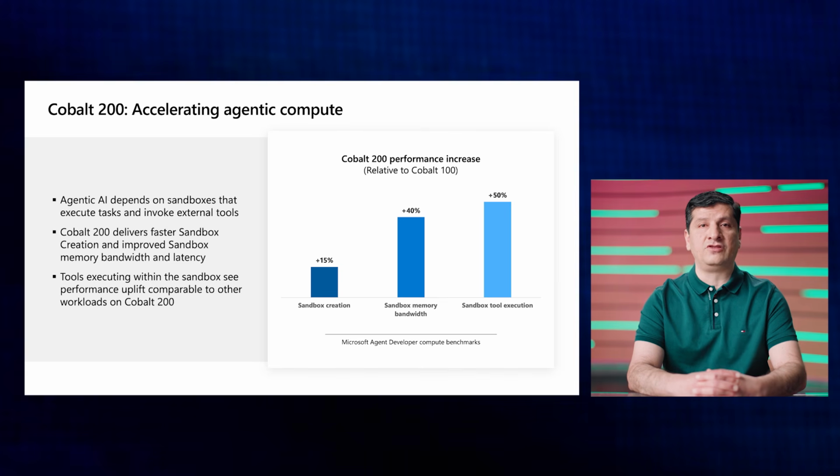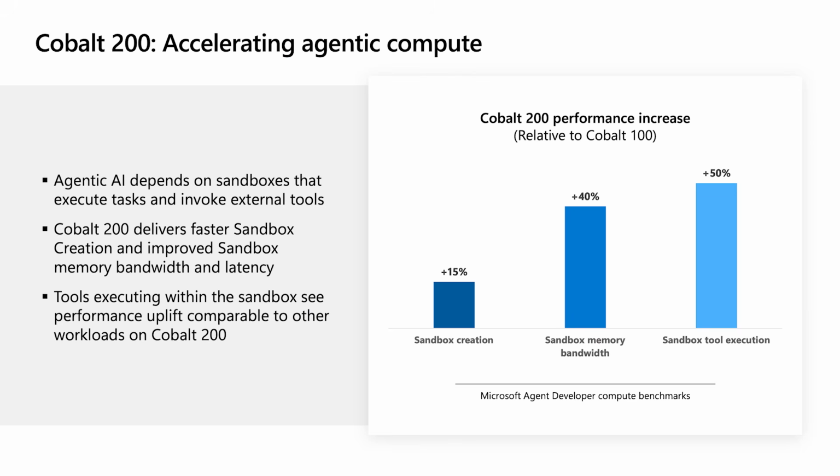Second, the time from requesting an agent sandbox to doing useful work is meaningfully faster on Cobalt 200, consistent with the per core performance story I showed earlier. Third, because Cobalt 200 delivers more useful work per core, you can pack more agent sandboxes onto the same VM and more agents onto the same fleet. That translates directly into lower cost per agent and higher concurrency for your users.